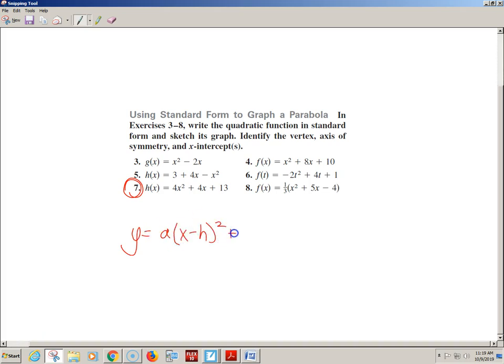But you could technically cheat and figure out H without completing the square. Negative B all over 2A. So I can actually get the y equals x plus 1/2, x minus a negative 1/2. Now, hold on, we need to fill in an A and we need to fill in a K.